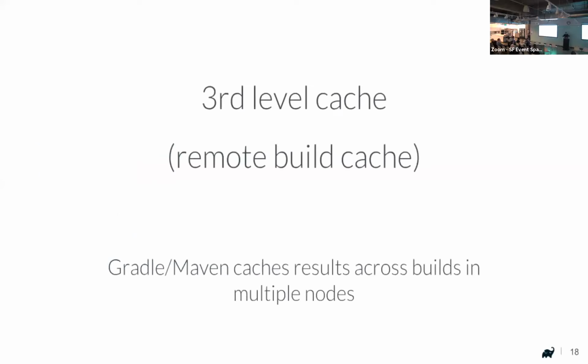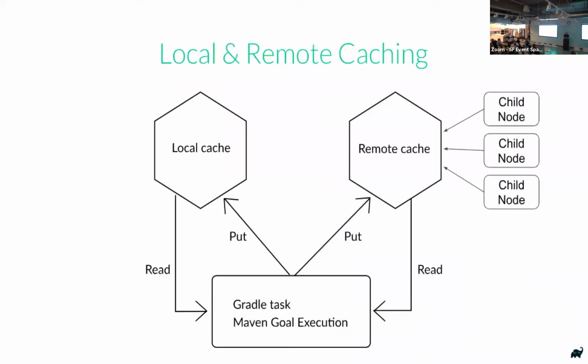The third level of caching, as you mentioned, is the HTTP cache, the remote build cache, where you can cache results across builds on multiple nodes. You have it set up like this: a local cache and a remote cache. The remote cache can have multiple child nodes that replicate from each other.